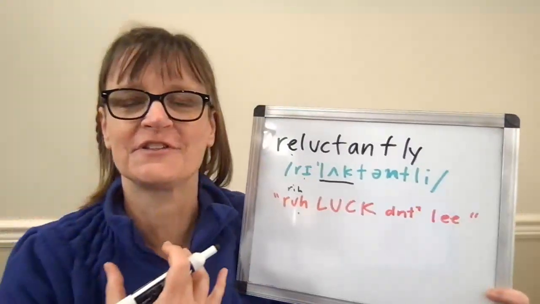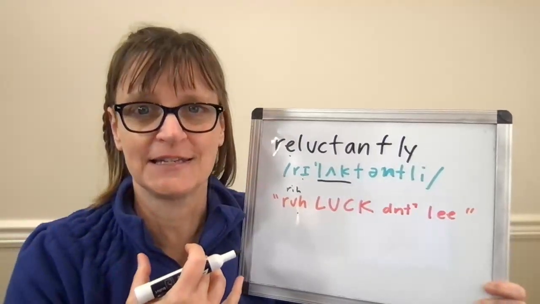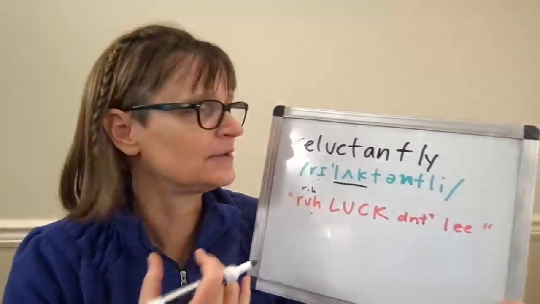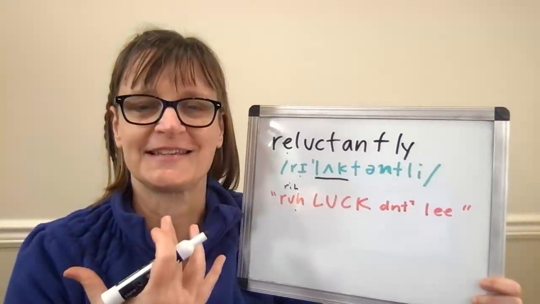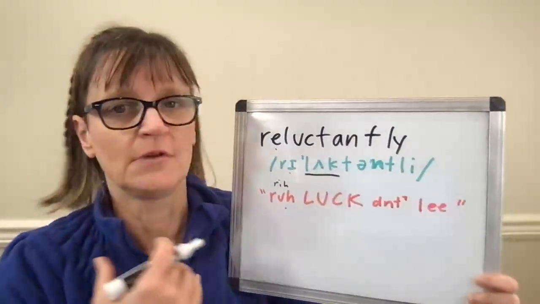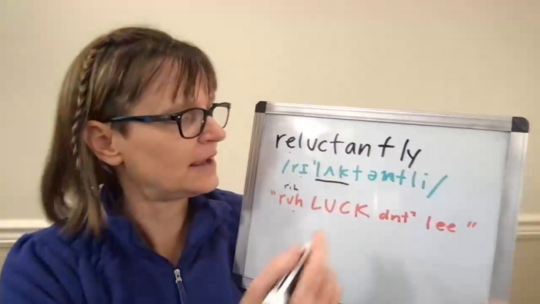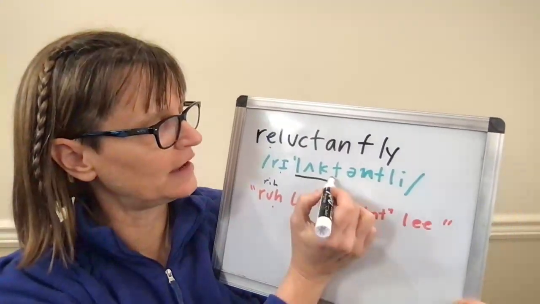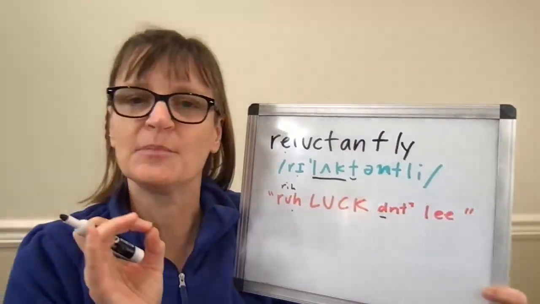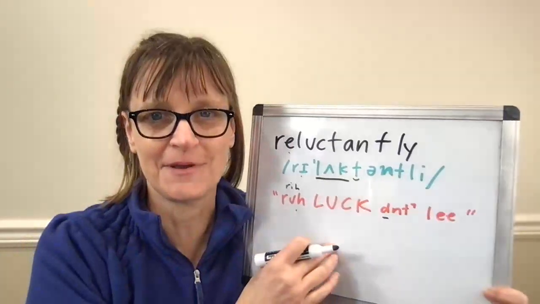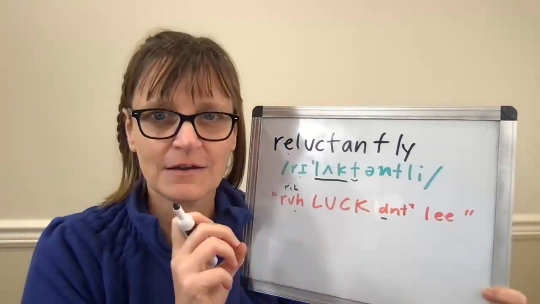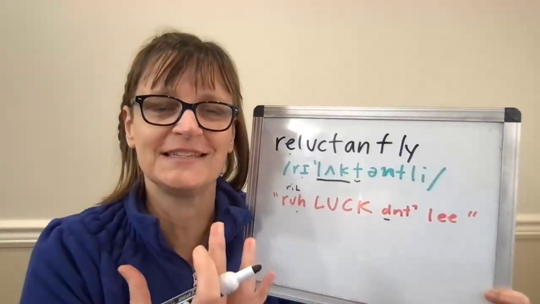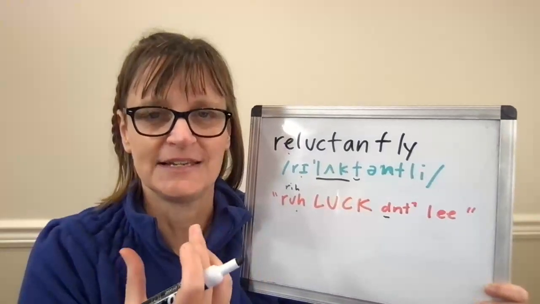Then you also notice that I'm not saying reluctantly with bursts of air on my T sounds. For the first T, reluctant, it really kind of sounds more like a flap or a D. There's a little bit of voicing there. That's because I'm stopping the air for my K, reluctant, and then I'm just releasing into that T or D sound.